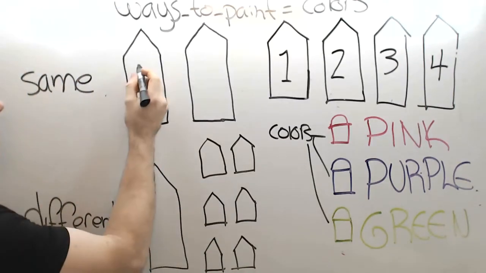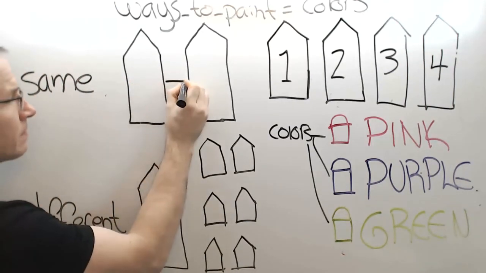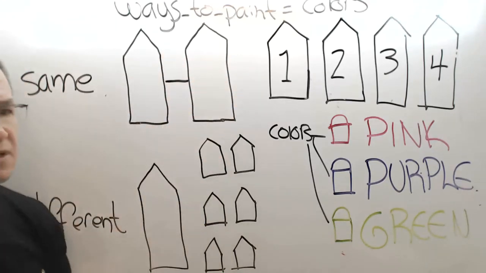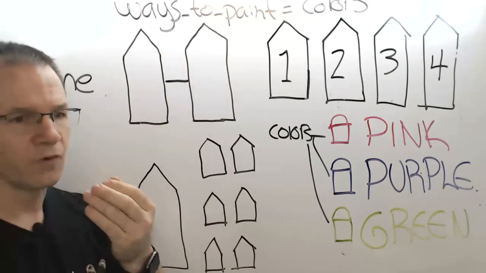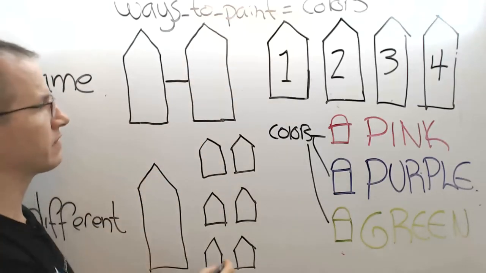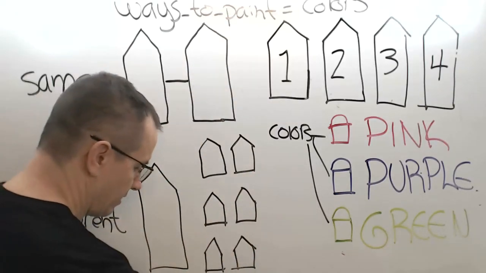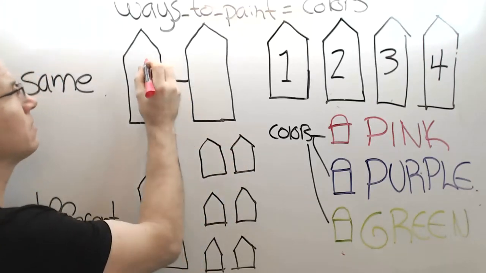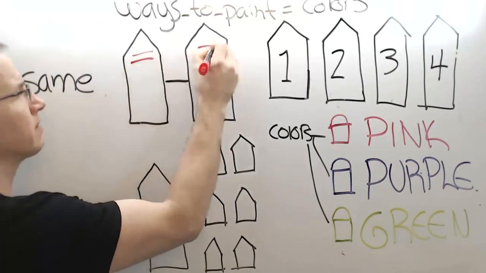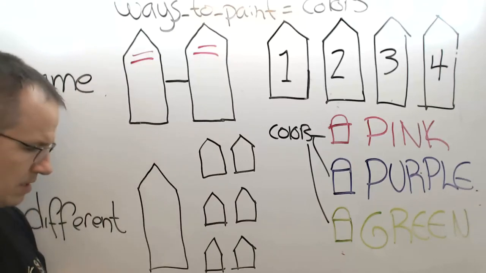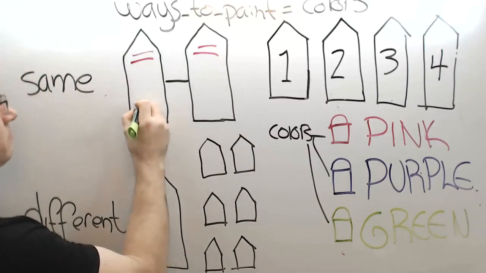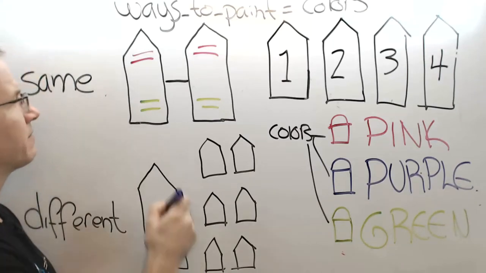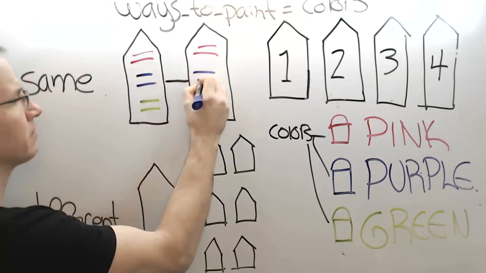So here, for 2 pickets to be the same, it's similar to the equation we had for ways to paint one picket, right? In this case, one way I could start out for these 2 is I could paint them both pink, or I could paint them green, or I can paint them purple.